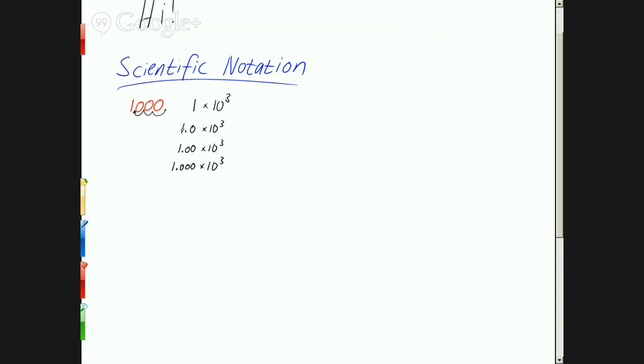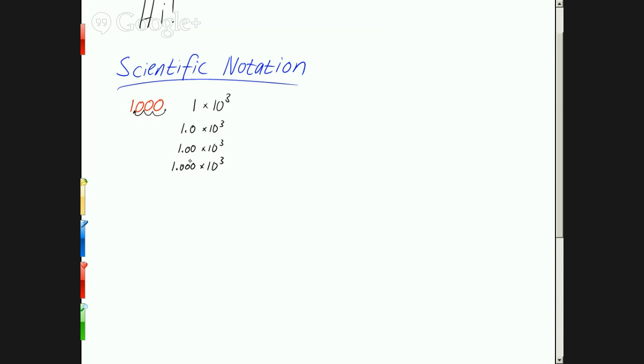This one now is between 0.9 and 1.1 times 10 to the third, which is another way of saying 900 and 1,100. This one, the difference is 990 to 1,010, and this one is the most precise, so that's going to be a range of 999 to 1,001.